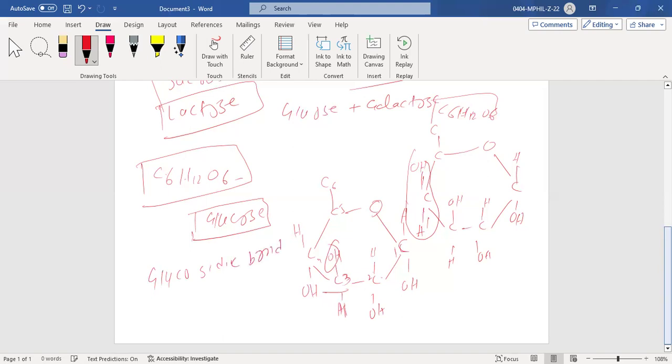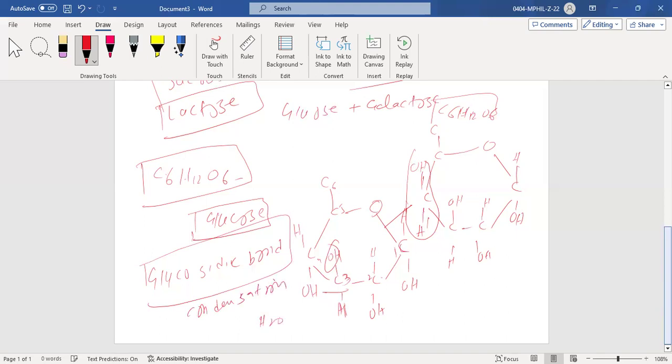So if you want to combine these two structures, for example, suppose right now, because we don't have enough space here, these are two glucose, right? When you combine them, it is also important to know how this glycosidic bond will be formed, through condensation. And what would be the end result of this condensation? What will be released here?